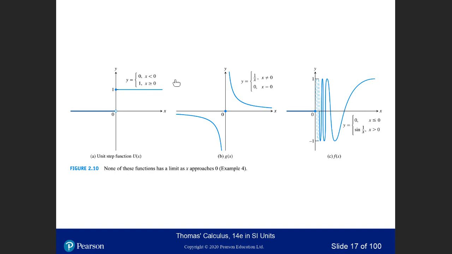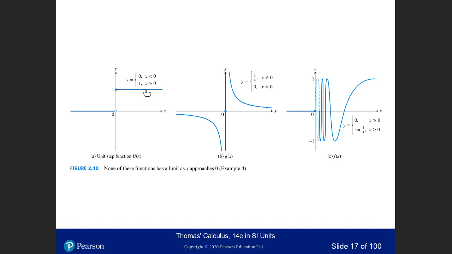Now let's look at the limits. If I approach 0 from the right-hand side, as you can see, I get arbitrarily close to 1. So the limit is 1. But as I approach 0 from the left-hand side, the limit is 0. So this function does not have a limit because there is a jump at x naught.